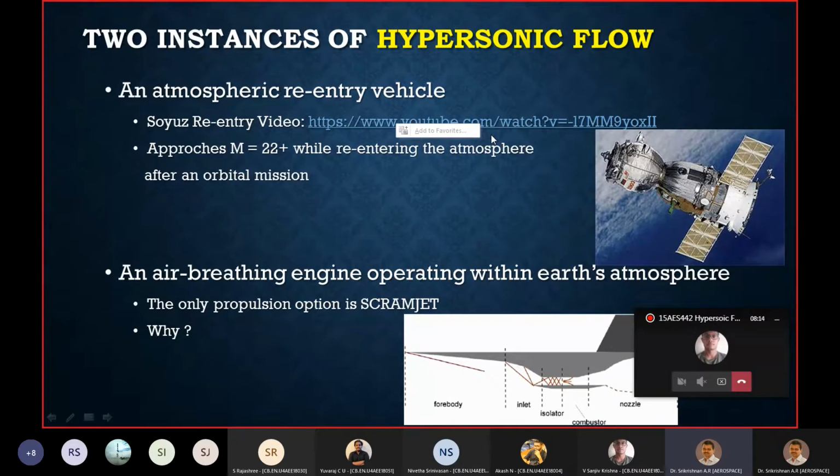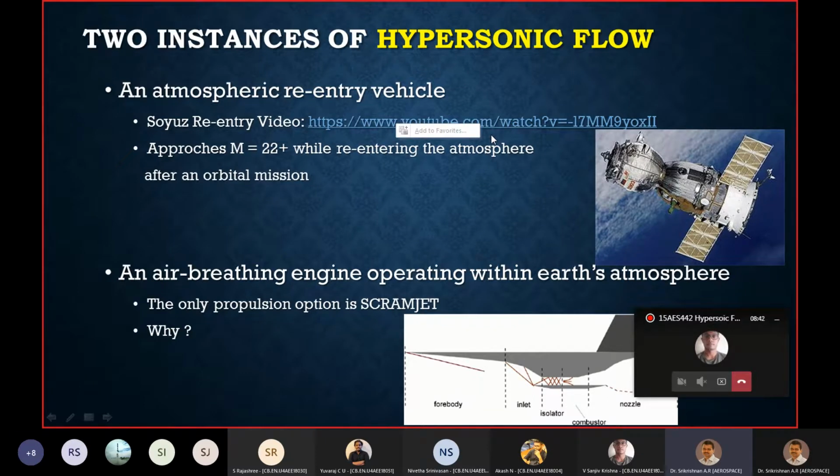What is important about re-entry is that the Mach number apparently approaches something like 22 plus while re-entering the atmosphere. Re-entry into the atmosphere is very important because the vehicle approaches very high velocity like Mach 22, and for other applications it is even higher.